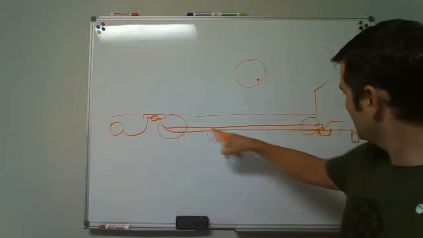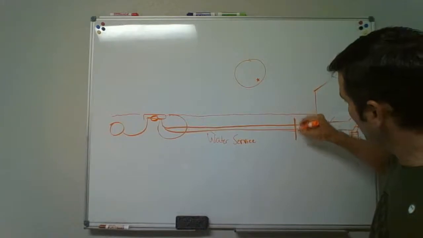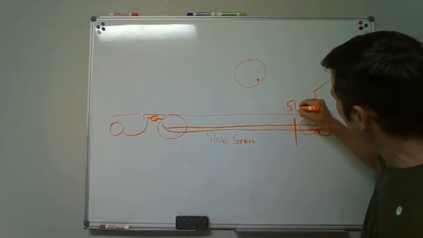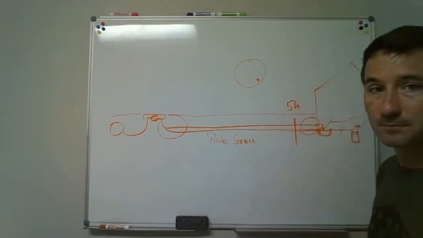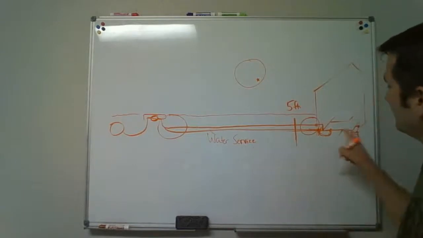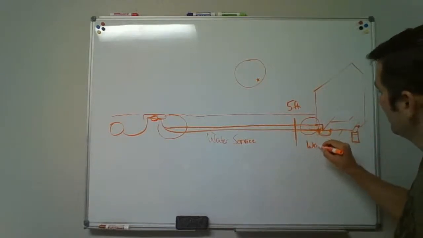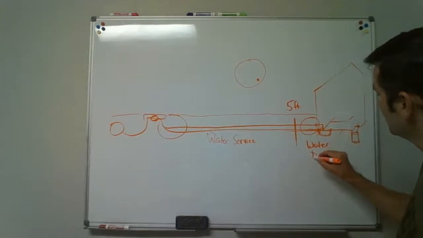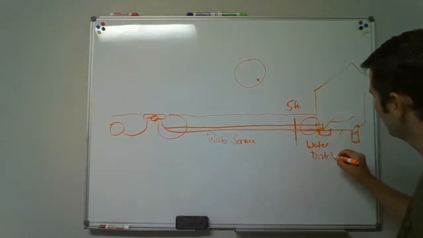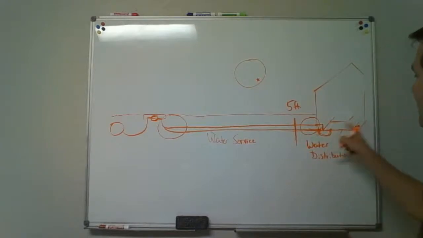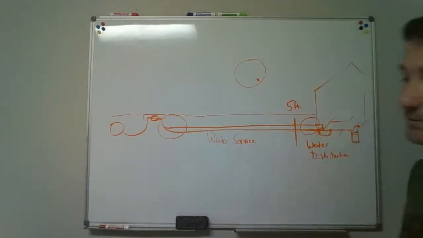Okay, that runs from the meter up to a location 5 foot outside the building wall. That is water service. From that point in is called water distribution. Okay, and all that piping inside is called water distribution.